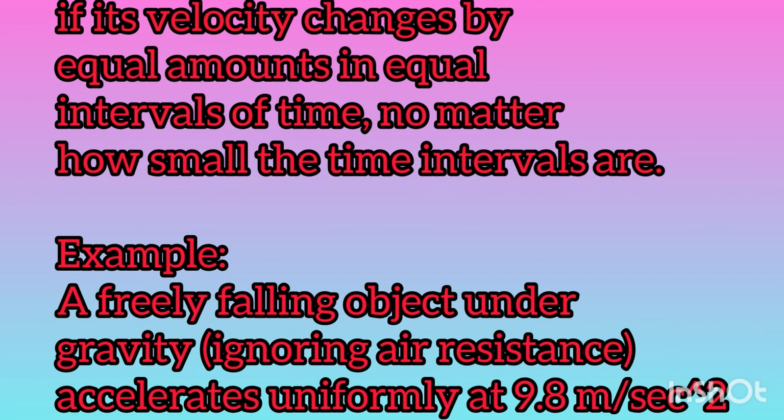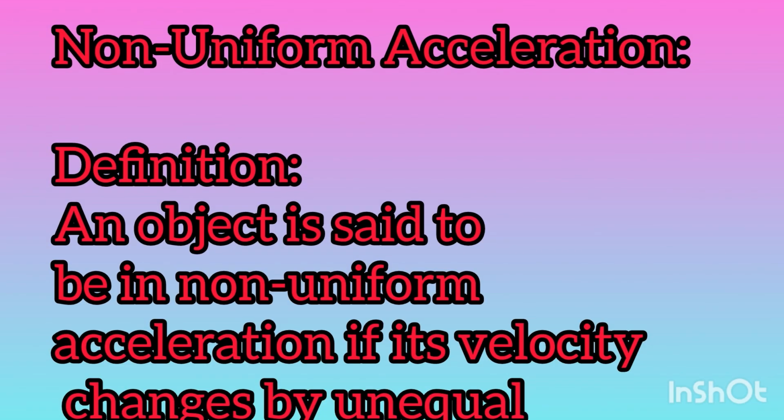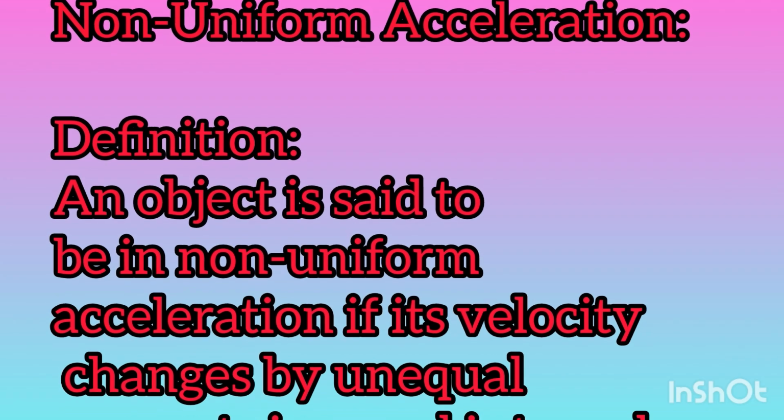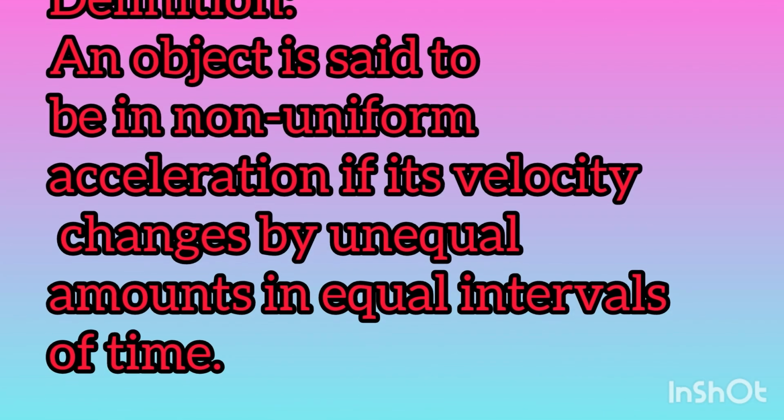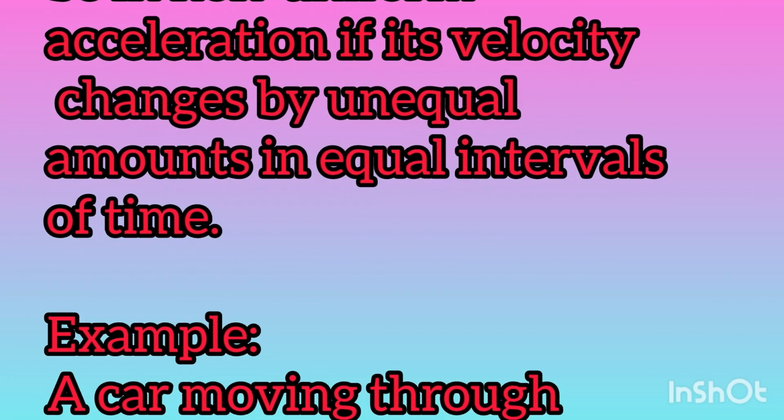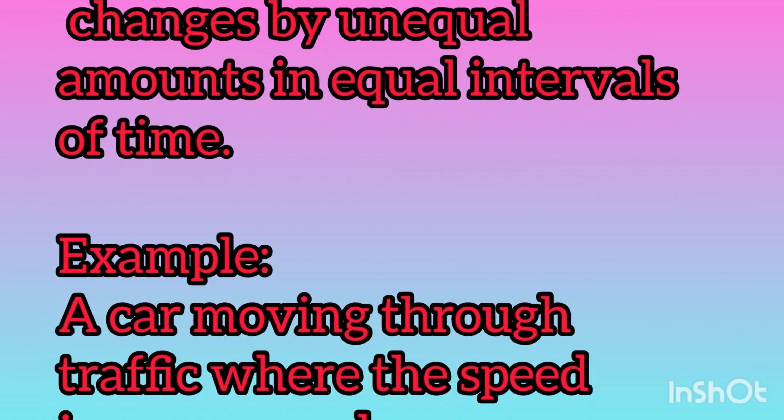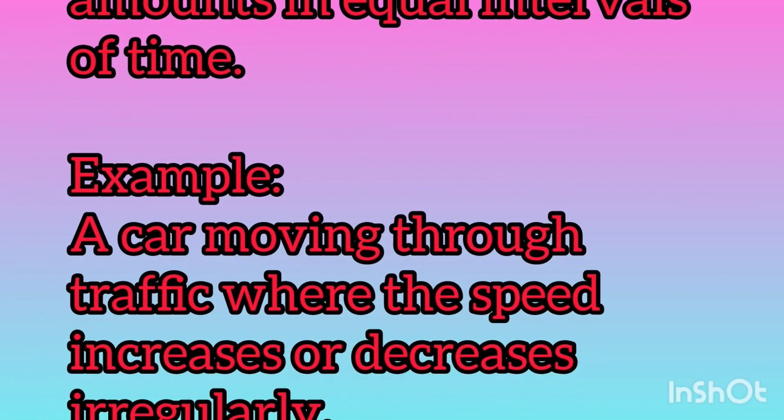For example, a freely falling object under gravity accelerates uniformly at 9.8 meter per second square. Second part of the question, non-uniform acceleration. An object is said to be in non-uniform acceleration if its velocity changes by unequal amounts in equal intervals of time. For example, a car moving through traffic where the speed increases or decreases irregularly.